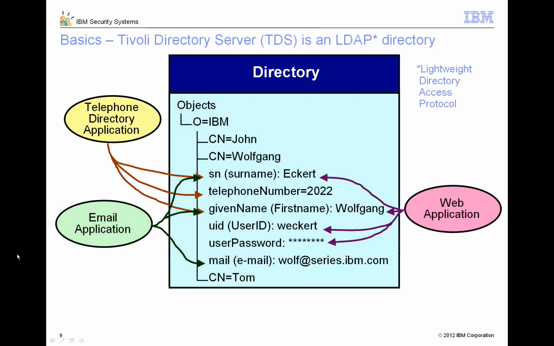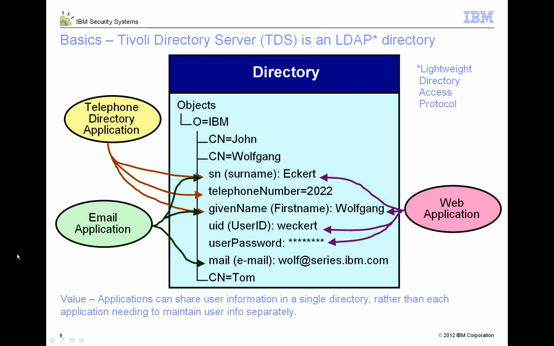Or you could have some web-based application which wants to authenticate the application users with the directory. So it will be interested in the user ID and the password, right? So the business value is multiple applications sharing the same user information repository, rather than each application having its own directory, which complicates manageability and administration.